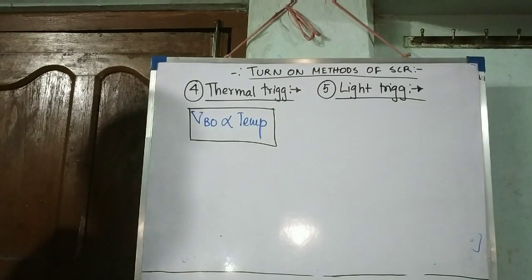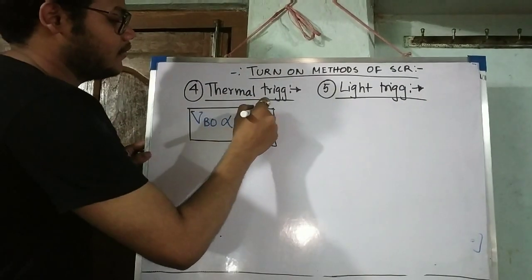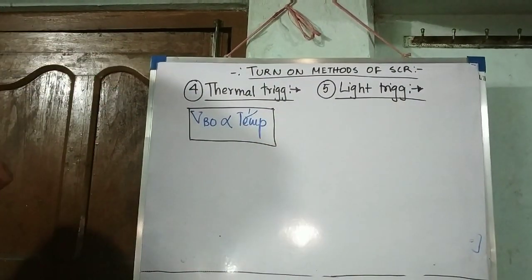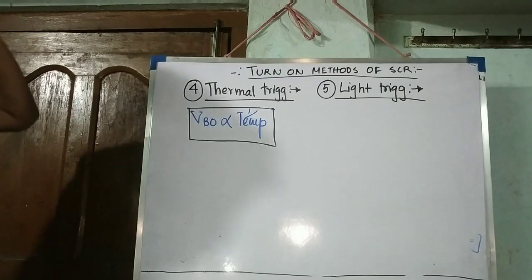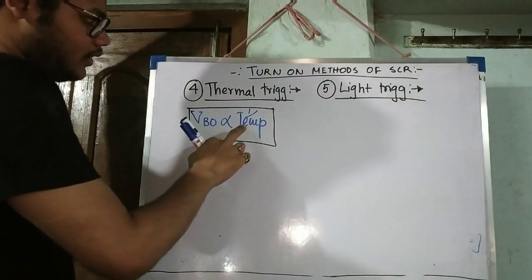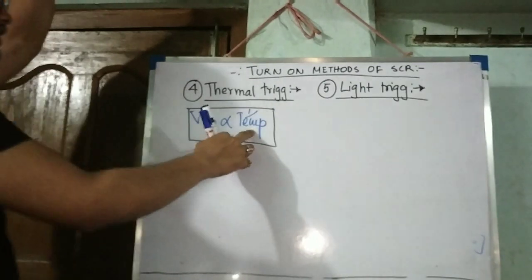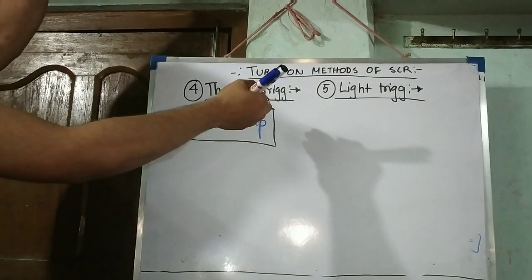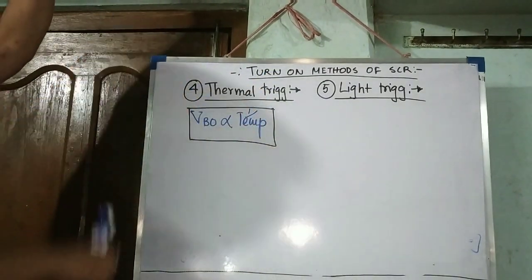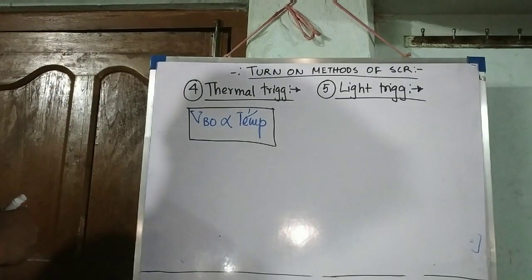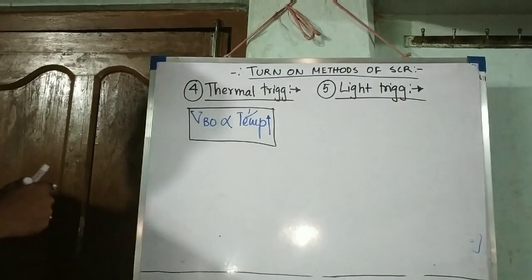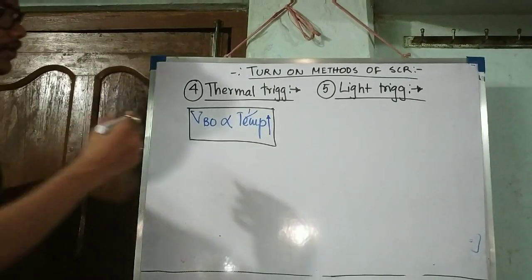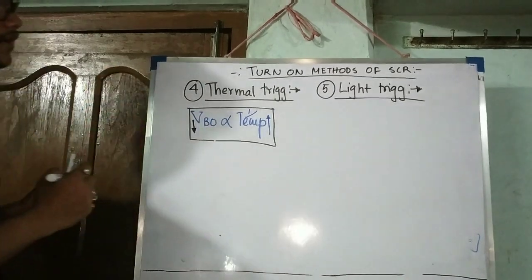As the temperature is decreased, the forward breakover voltage increases. But as the temperature is increased, the forward breakover voltage decreases.